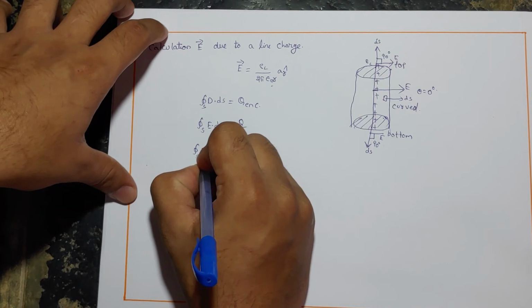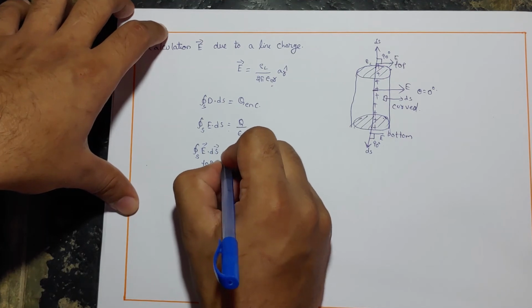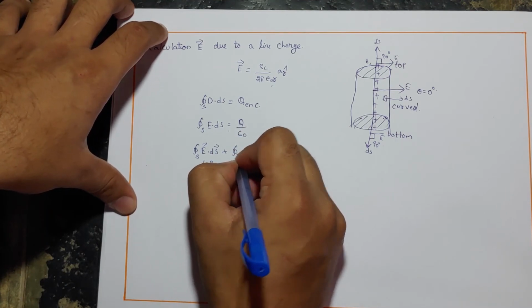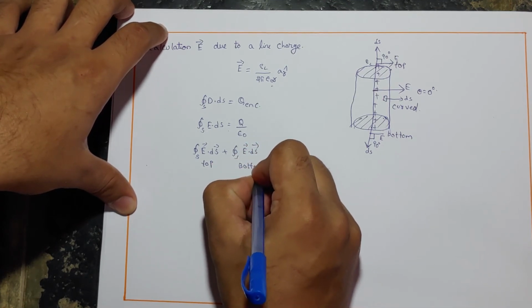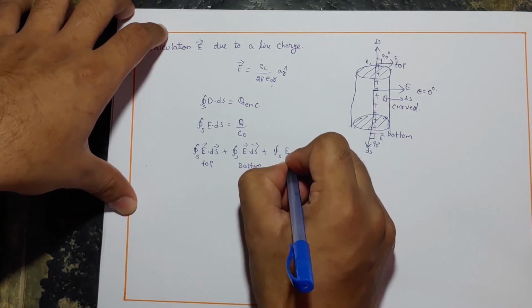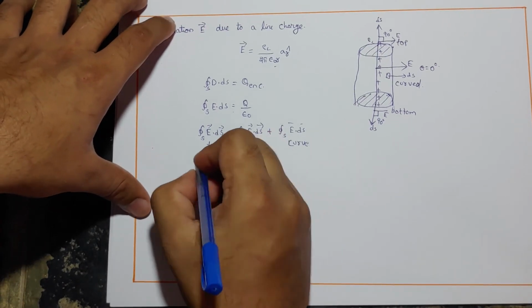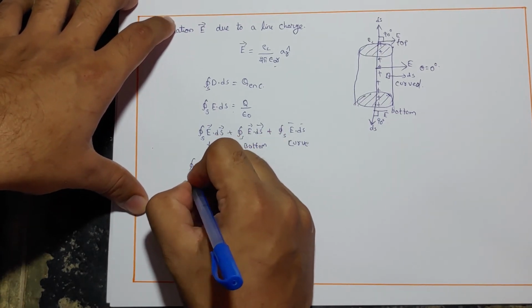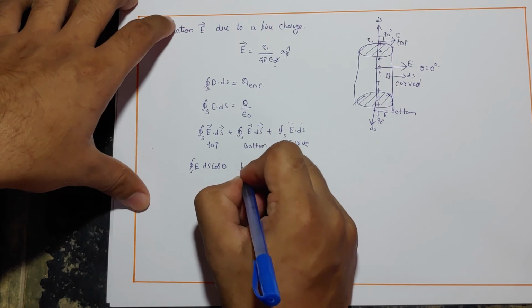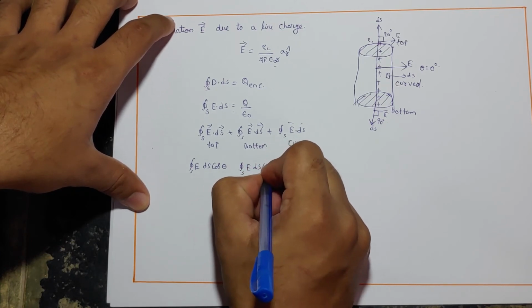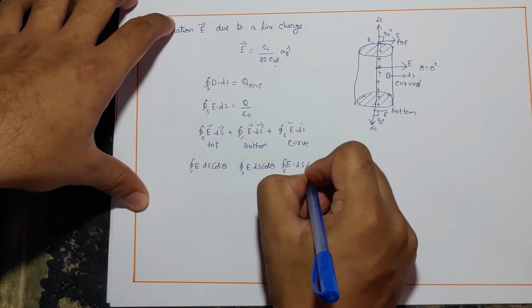Surface integral of E dot ds for the top, plus closed surface integral of E dot ds for the bottom, and for the curve, E dot ds for the curve. That is equal to closed surface integral E ds cos theta, E ds cos theta, closed surface integral E ds cos theta.